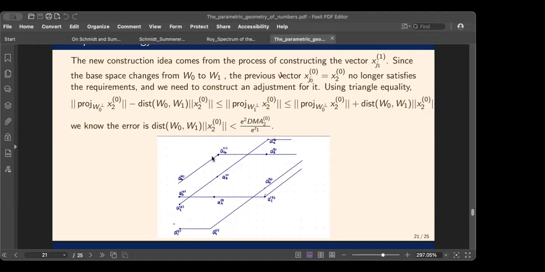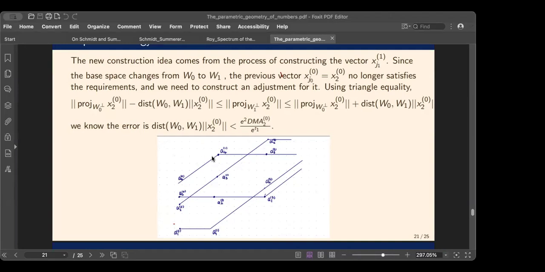So from step 0 to step 1, the base space changes from W0 to W1. If we use the previous xj0, then we can use the triangle inequality to calculate the error caused by the change of space, which is the distance between W0 and W1 times the norm of x2.